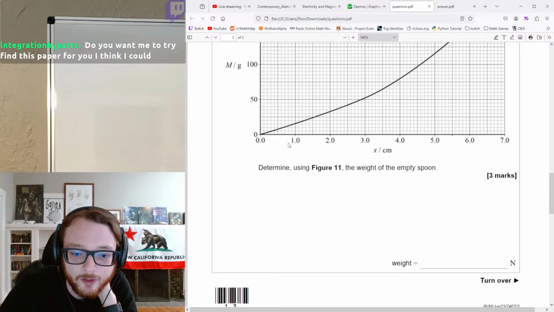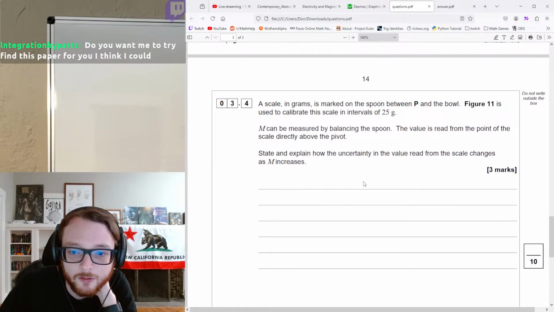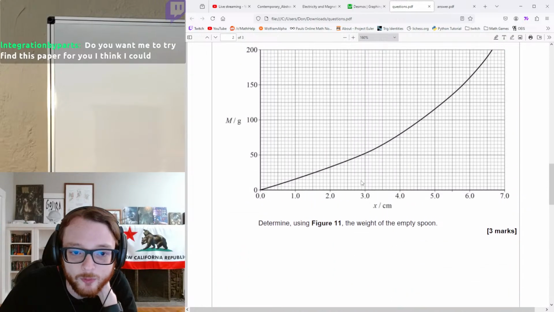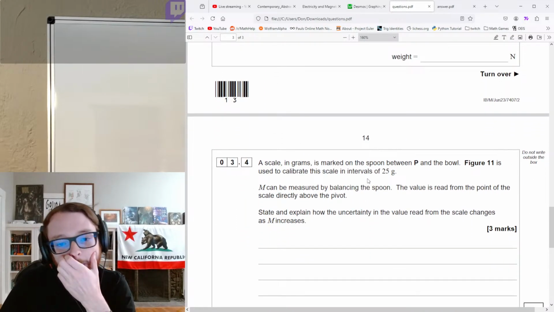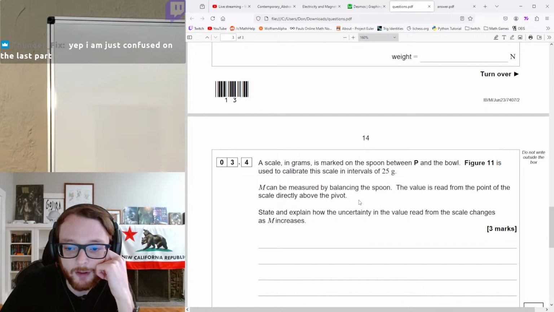I was just trying to understand what the last question is asking, which is what Thunder needs to know: how to interpret the wording of the last question. How the uncertainty in the value read from the scale changes as m increases.